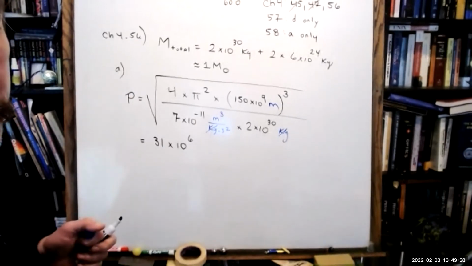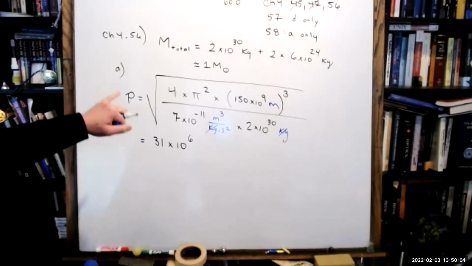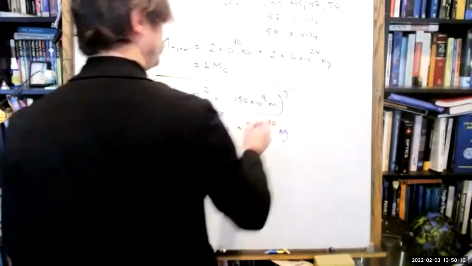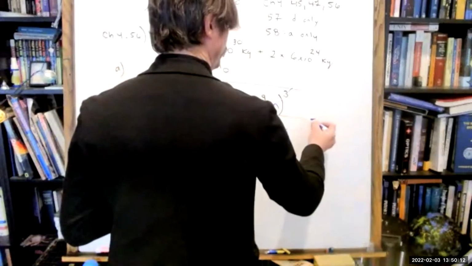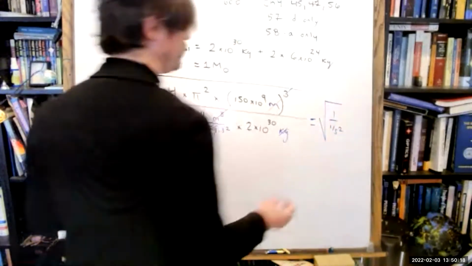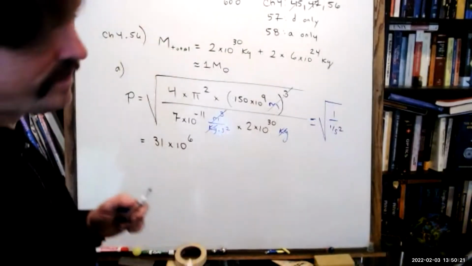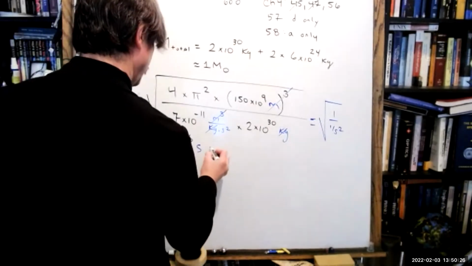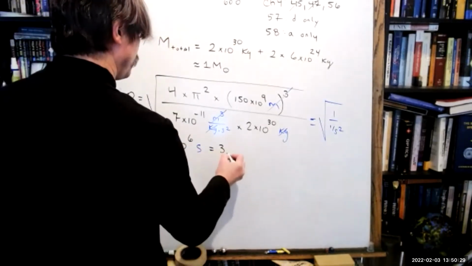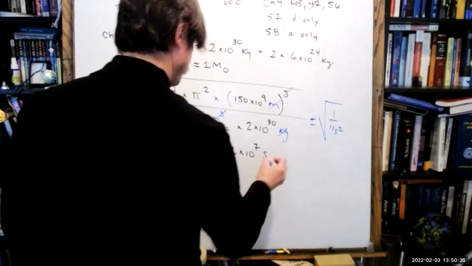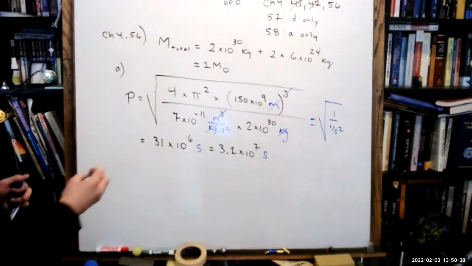Anyone? It would be mass. Mass has units of kilograms, but kilograms cancel out. Second squared. Oh, second, sorry, because there's a square root. Right, because you end up with the square root of 1 over seconds squared. That's the square root of seconds, which makes sense because it's a period. So it's either 3.1 times 10 to the 6 seconds, sorry, 31 million seconds, or you could do 3.1 times 10 to the 7 seconds, whichever one you prefer. That's our answer.